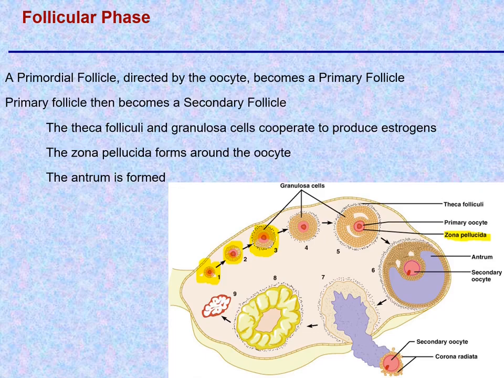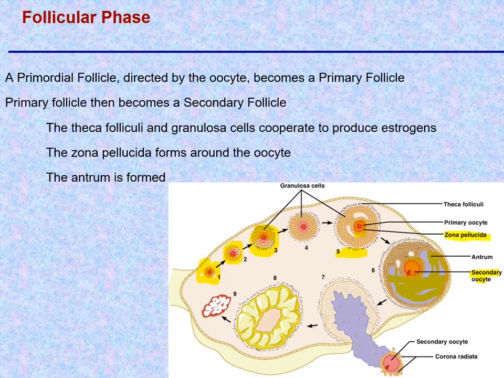At this stage, with the primary oocyte inside, you start getting some fluid-filled spaces. When you get to the stage of a secondary oocyte inside the Graafian or vesicular follicle, those fluid-filled spaces go on to form the antrum, with the secondary oocyte in the middle.